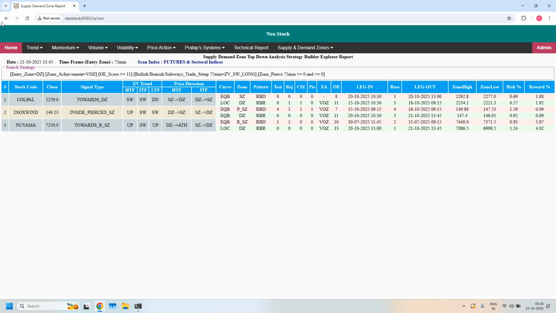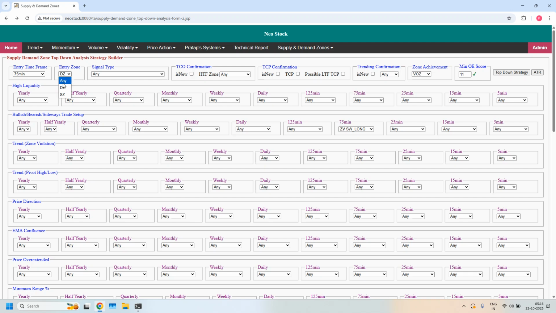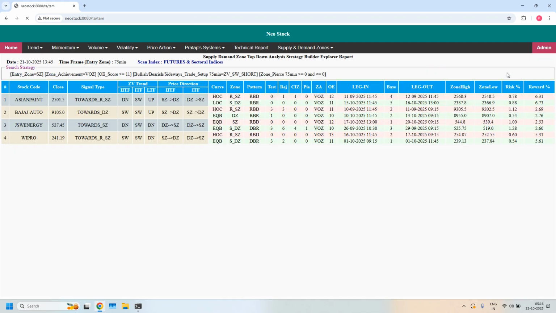Next, sideways short trade setup for weekly income trade, entry zones are 75 minutes supply zones, and here sideways short. Let's filter. We got 4 stocks. Entry time frame zones are 75 minutes supply zones. If less than 30.3 checklist items are satisfied, you can plan the trades.